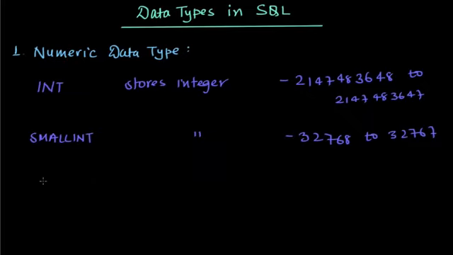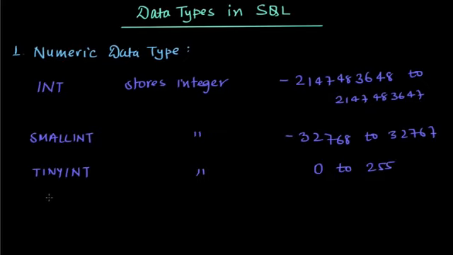If we have to store even smaller numbers, we can go for tinyint. Again it stores integers, and it will store only positive values, 0 to 255.